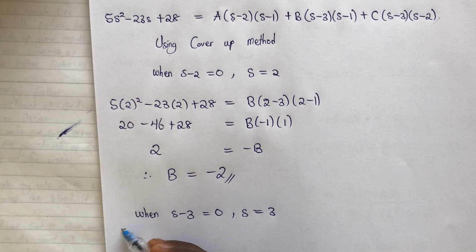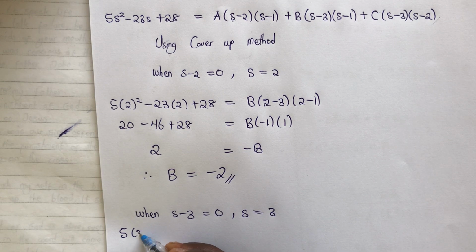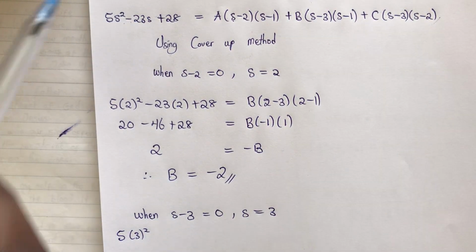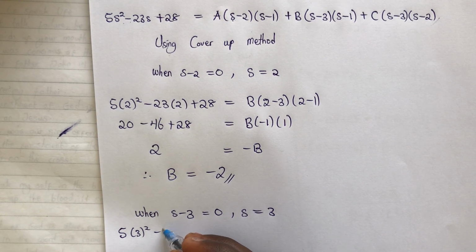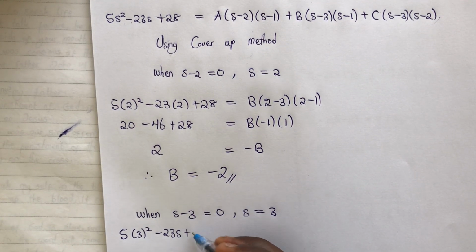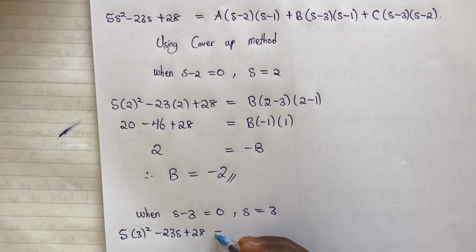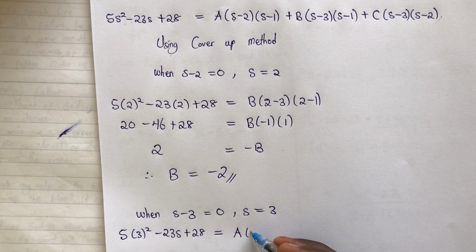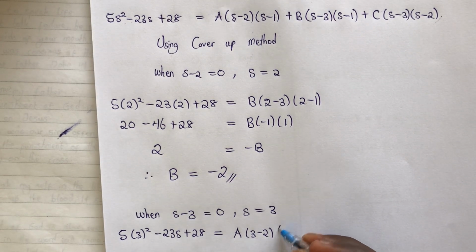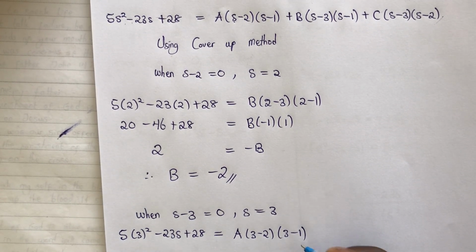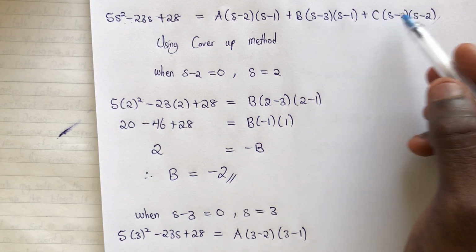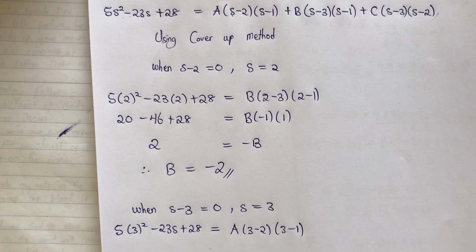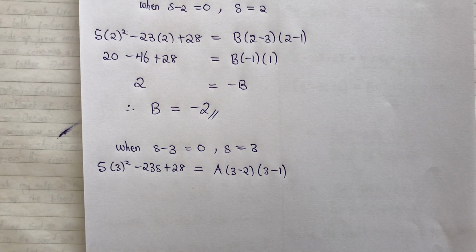This gives us 5 into 3 all squared, starting from the left hand side, minus 23 S plus 28, giving us this side, which is A into 3 minus 2, 3 minus 1. Don't forget, I don't need to write this step because when I put 3 here, everything here is 0.